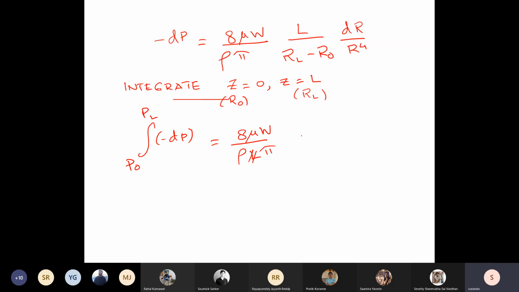This equation simply gives me this, which is going to be my governing equation. So this is going to be my final equation. I leave this integration to you. I'm simply going to write the final form of this.